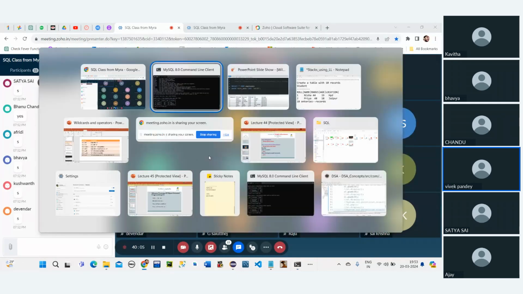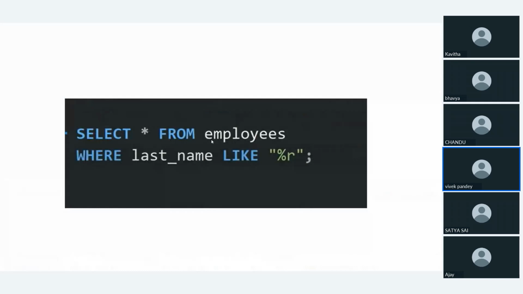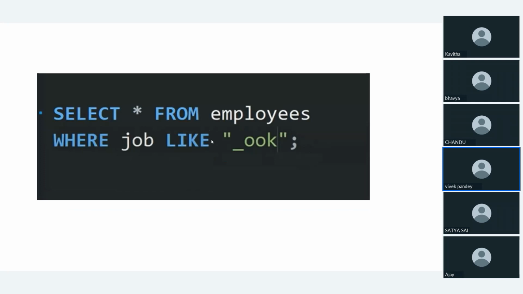So this is done. Now let's see about the underscore wildcard. Percent we have seen. Now what we are going to use is underscore. Here it is given like that, but let's use our own case. So what I want to use is underscore.